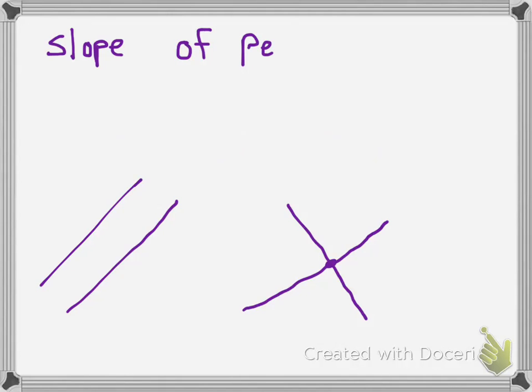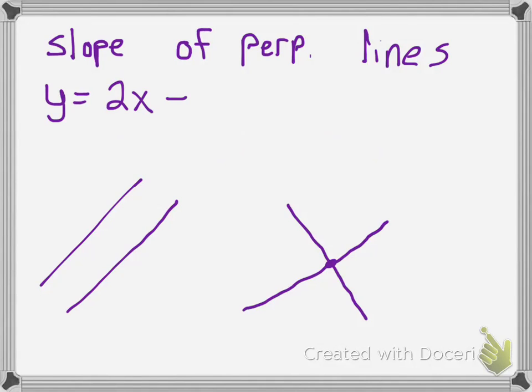The slope of perpendicular lines, there's a little trick to it, and I'll go over that right now. Let's have a line with a slope of 2, and I'm just going to make this up. Since you remember slope-intercept form, it's the number in front of x, so 2 would be my slope.